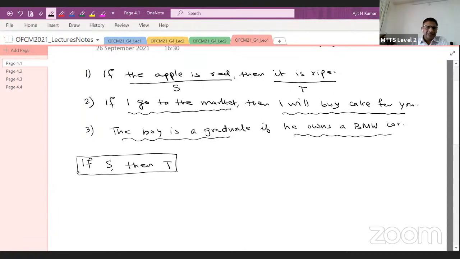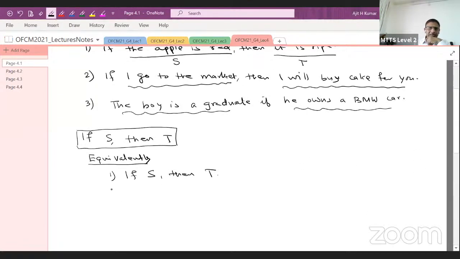Let me write this equivalently. First, the standard way of writing is: if S, then T. That is a statement.